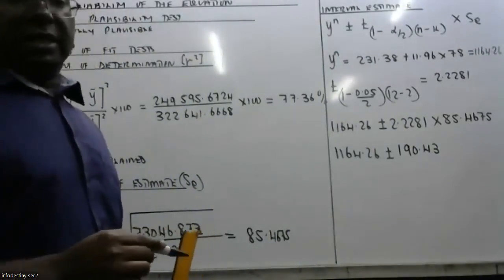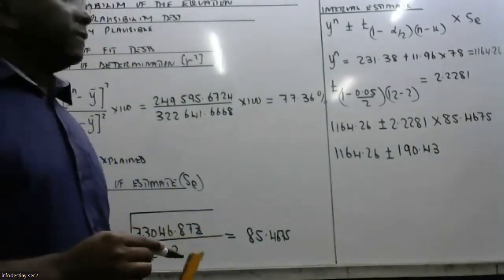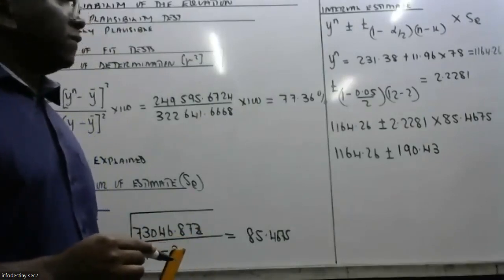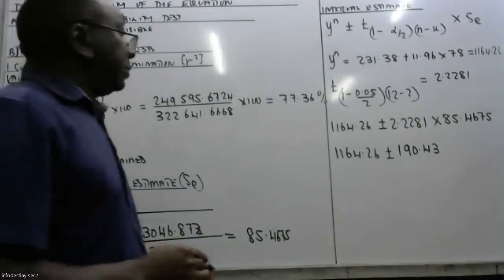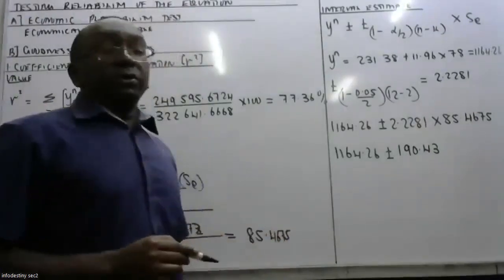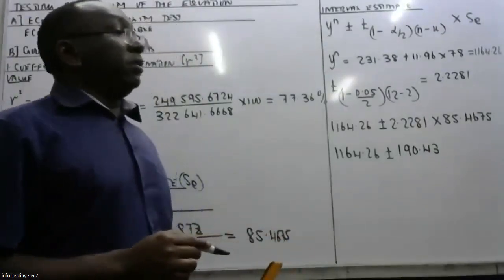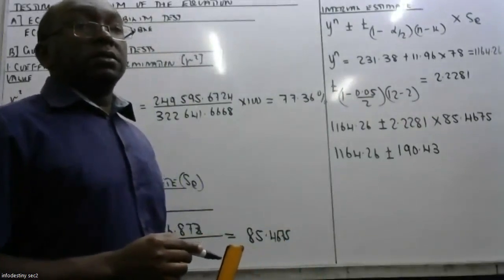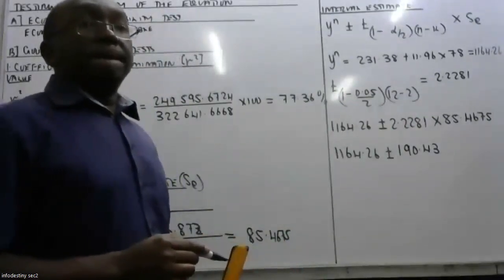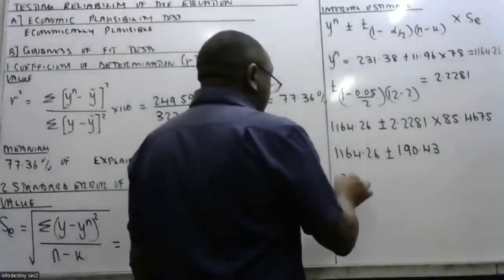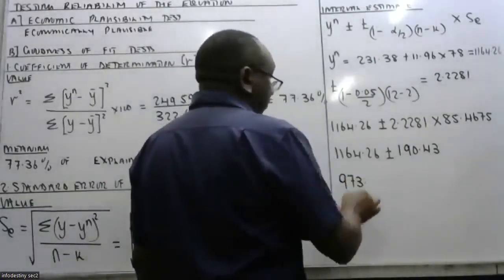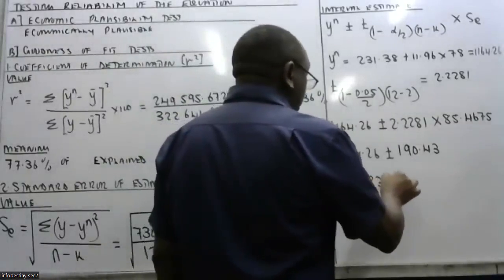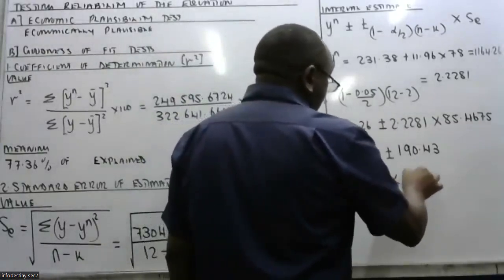So on the lower side, when we subtract 190.43 from 1164.26, you get 973.83. This is the Y predicted.